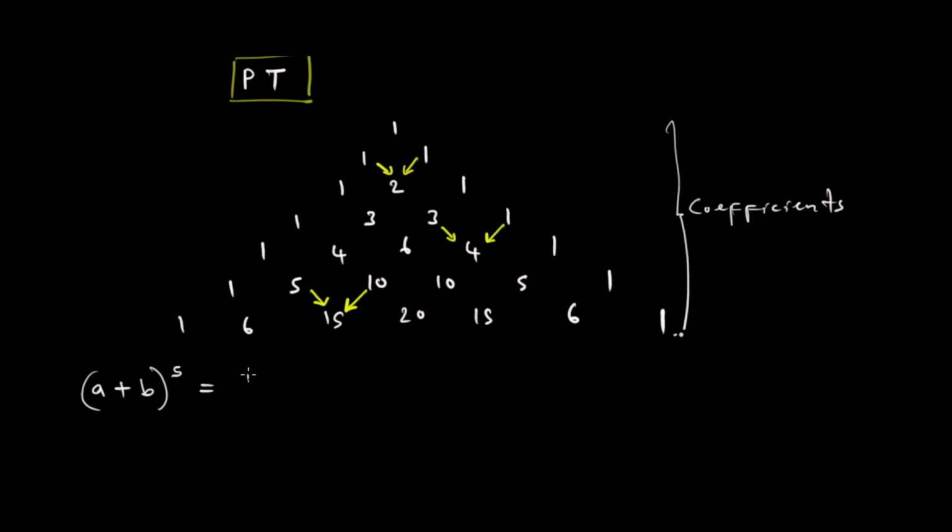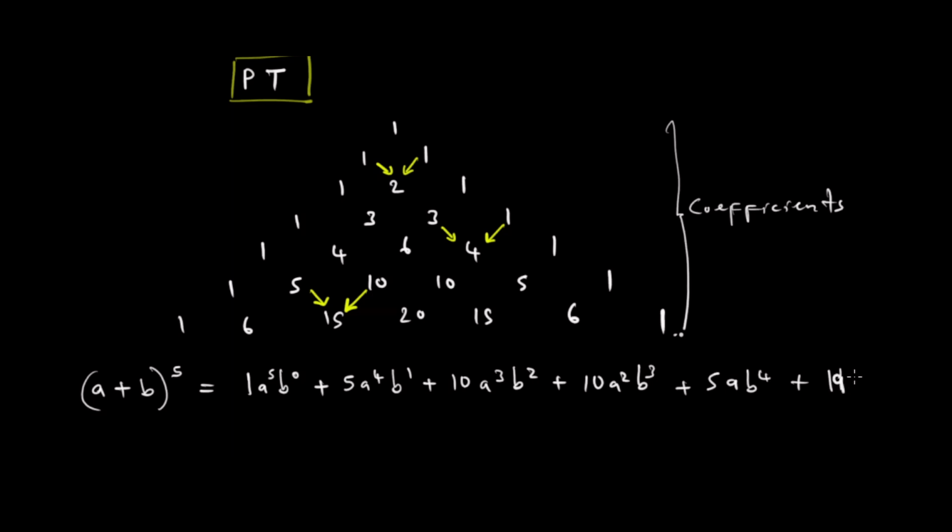So it is 1a to the 5b to the 0 plus 5a to the 4b to the 1 plus 10a to the 3b squared plus 10a squared b cubed plus 5ab to the 4 plus 1a to the 0b to the 5.